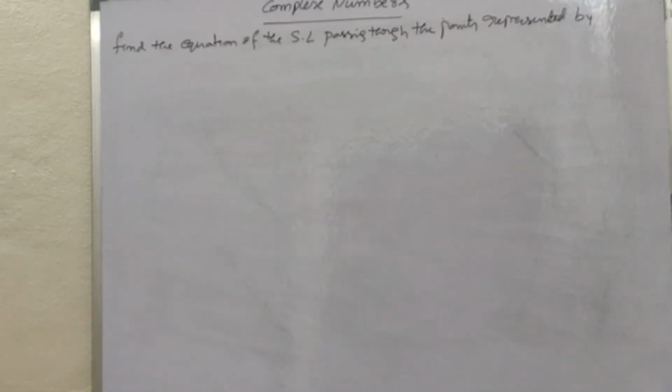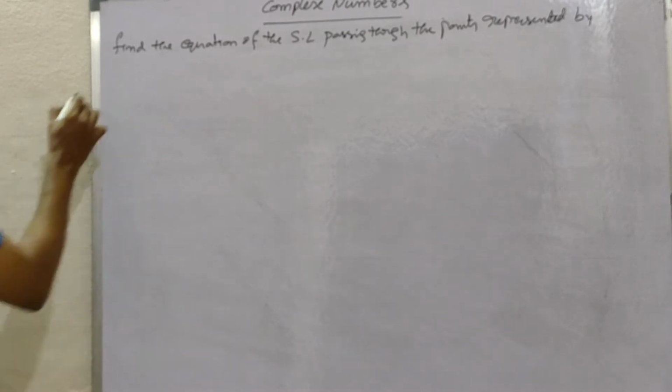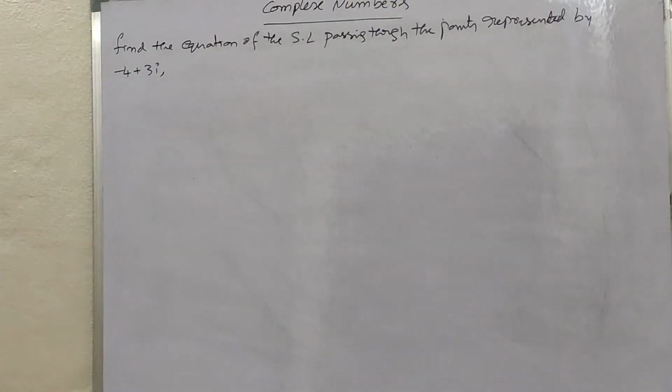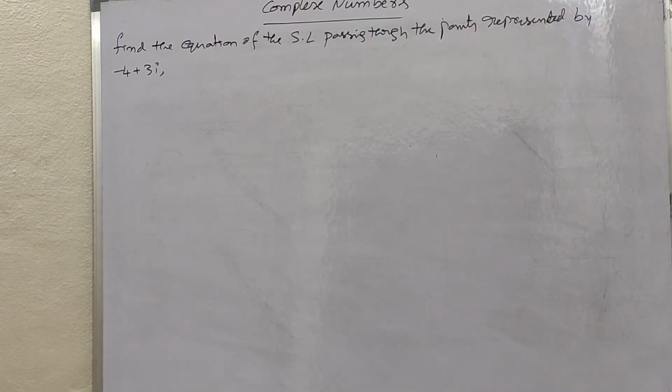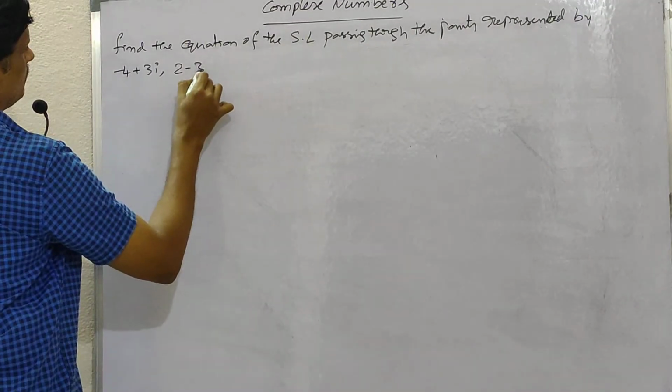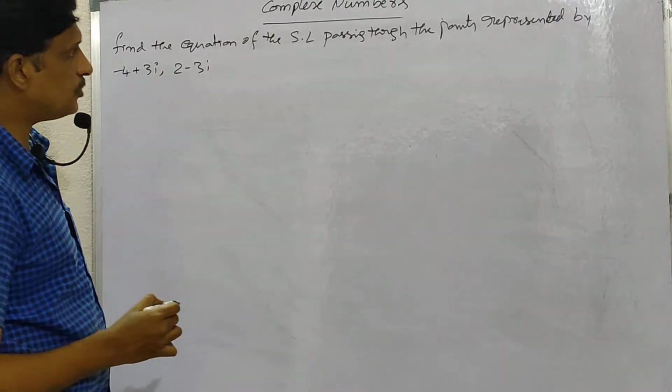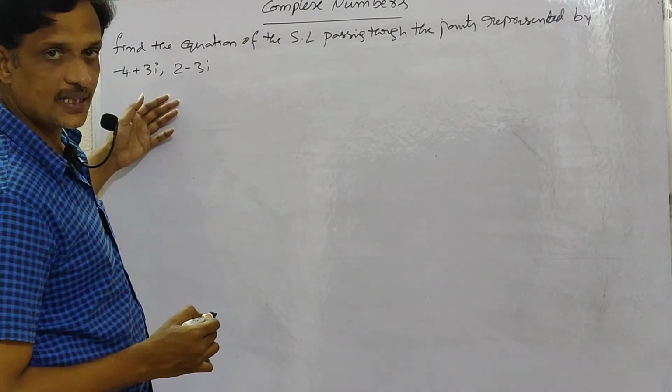What are the numbers here? Minus 4 plus 3i, comma, second one is 2 minus 3i. Find the equation of the straight line passing through the points represented by the complex numbers in argand plane.